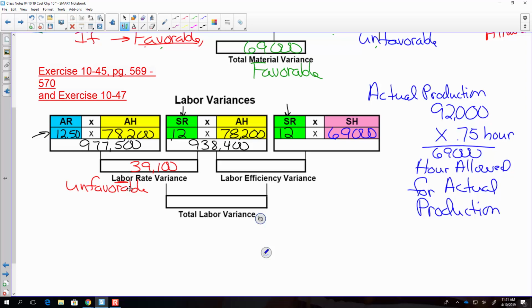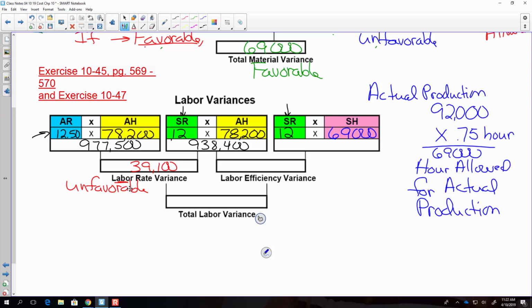It'll say, what does SH mean? And they'll give you a whole bunch of garbage, right? A, B, C. D will say the allowed hours for actual production. I don't want you to miss that question.